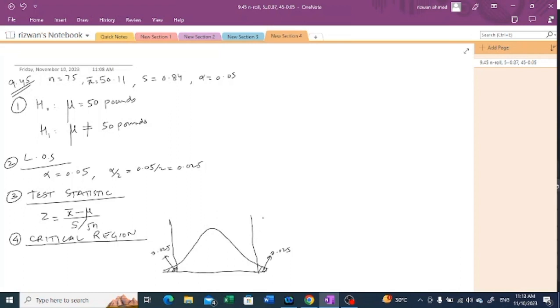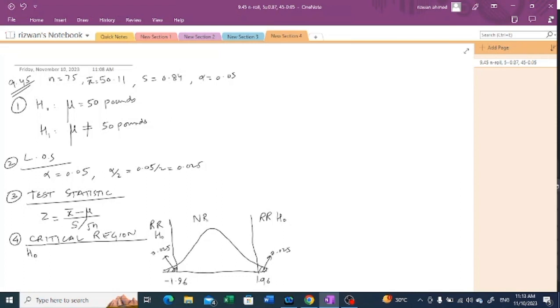We indicate these two regions as rejection regions for H naught, and 1.96 is the Z value corresponding to 0.025 probability, as we all know. So we indicate 1.96 on the right tail area with a plus sign. We indicate the same value, 1.96, on the left hand side with a negative sign, and we state the conditions accordingly.